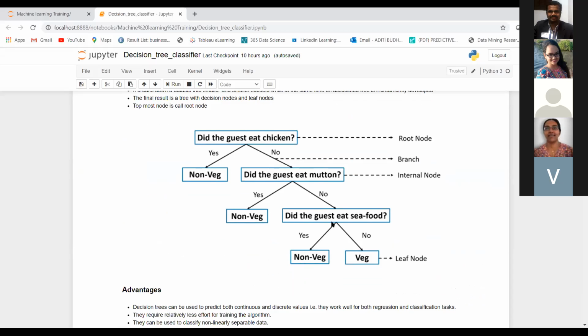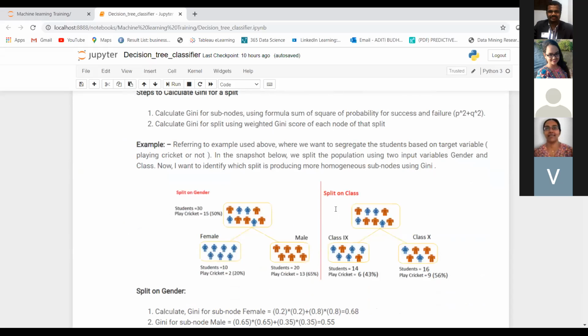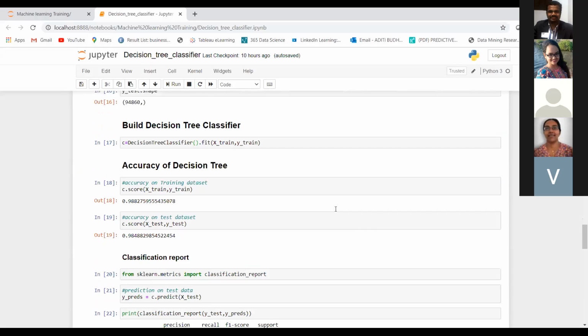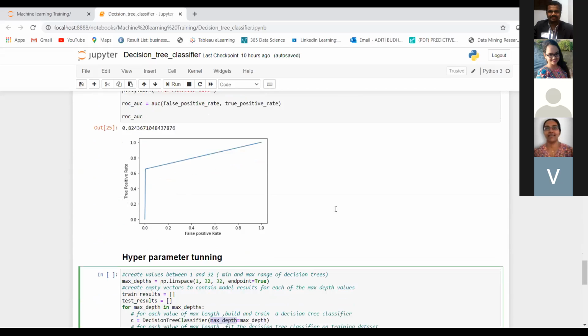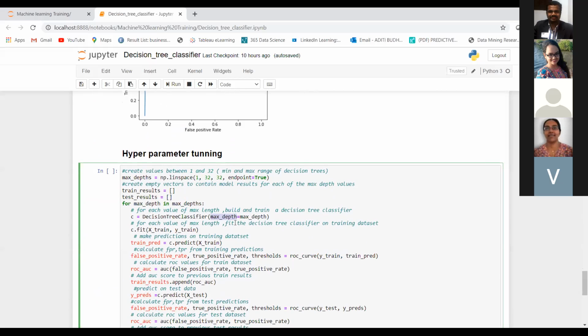We have 2 levels, right? Similarly, you can specify how many levels you want. Had I specified only one level, then my decision tree would have stopped at this level only. It would not go into another level, right? So this is the max depth feature.